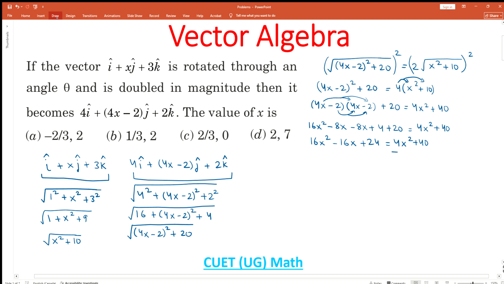We should subtract 4x squared from both sides and 40 from both sides. I get 12x squared minus 16x minus 16 equals 0. This is a quadratic equation.